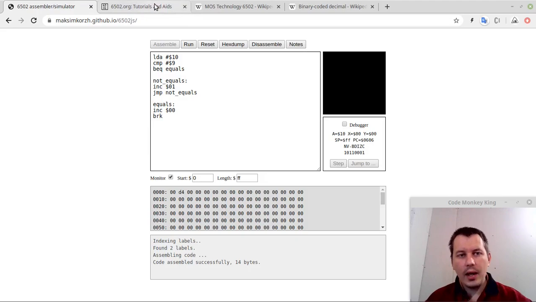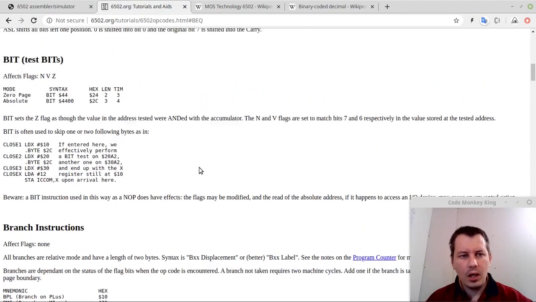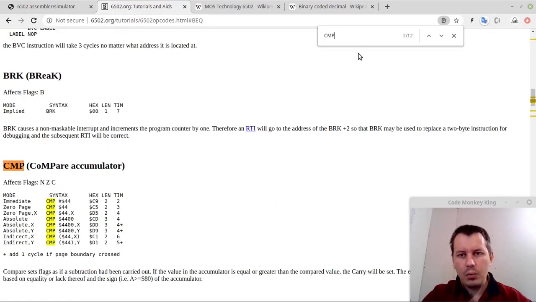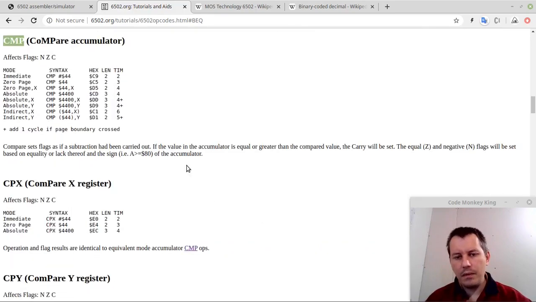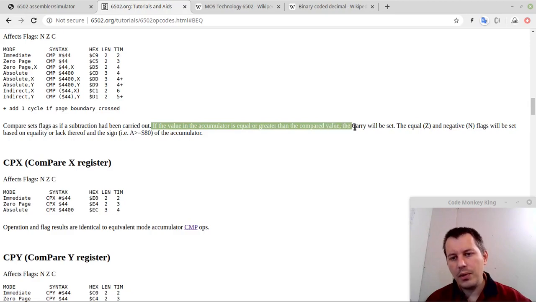Okay, and another interesting thing that I think is worth mentioning is we just go back to the compare command. How can we find things like if not just equals or not equals, or let's say greater or equals? If the value in the accumulator is equal or greater than the compared value, then the carry flag will be set. By the way, this is why the carry flag has been set.